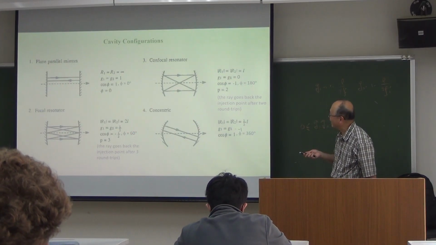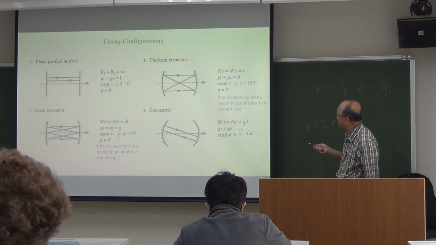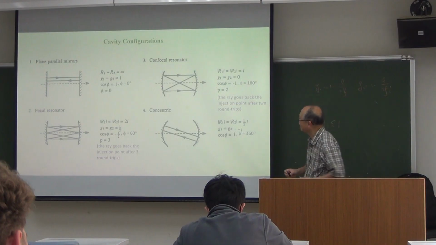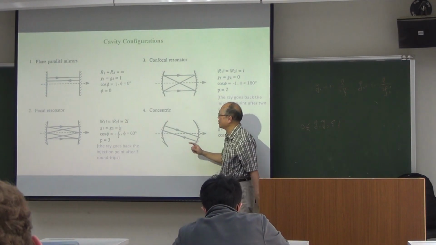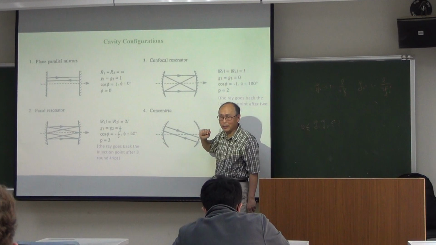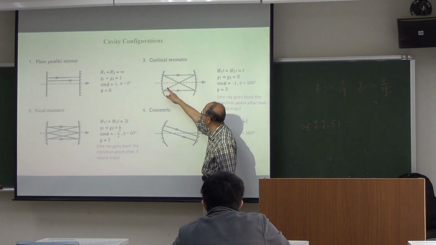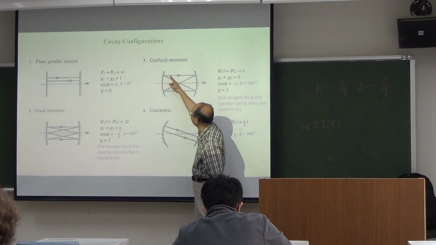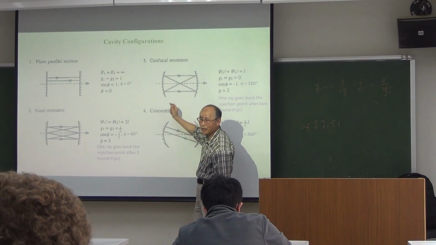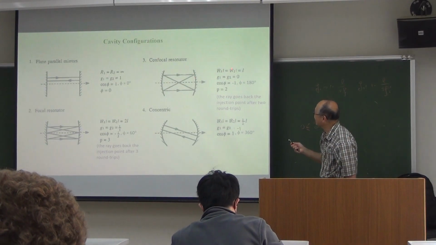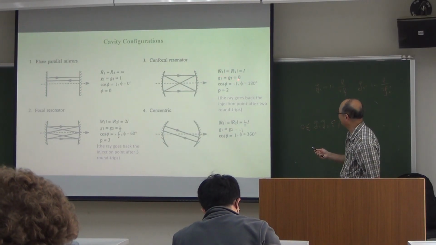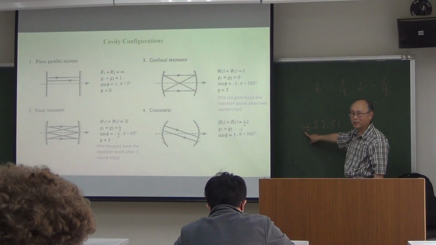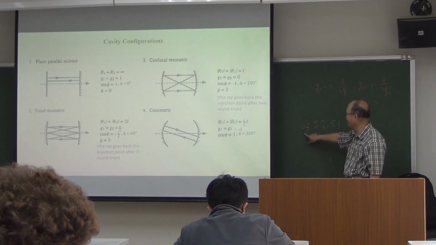Okay. Well, we can have the third example, the confocal resonator. Confocal resonator is that the length of this cavity is equal to the radial curvature of this guy. Okay. And the center, the cavity length is equal to the radial curvature of this guy. Okay, so if you do the calculation, then you have G1, G2 equal to 0. Whoops, it's right on the stability boundary. Now it's here.